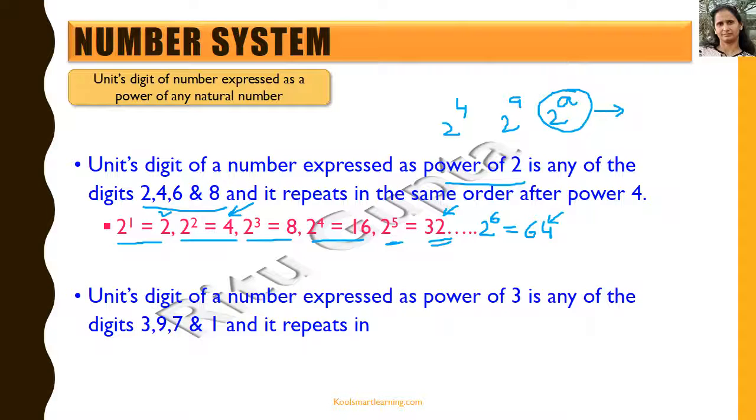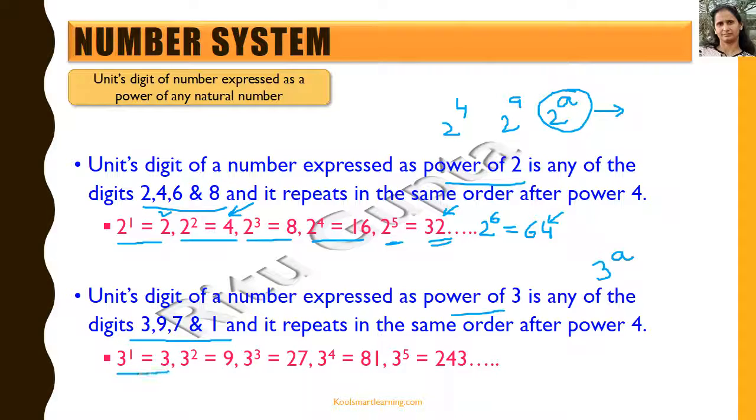Units digit of a number which is expressed as a power of 3, 3 raised to power a, is any one of these 4 digits: 3, 9, 7 and 1, and again it repeats in the same order after a power of 4. 3 raised to power 1 is 3, 3 raised to power 2 is 9, 3 raised to power 3 is 27, where the units digit is 7, 3 raised to power 4 is 81, where the units digit is 1, and 3 raised to power 5 is 243, where the units digit is 3, the same as 3 raised to power 1.